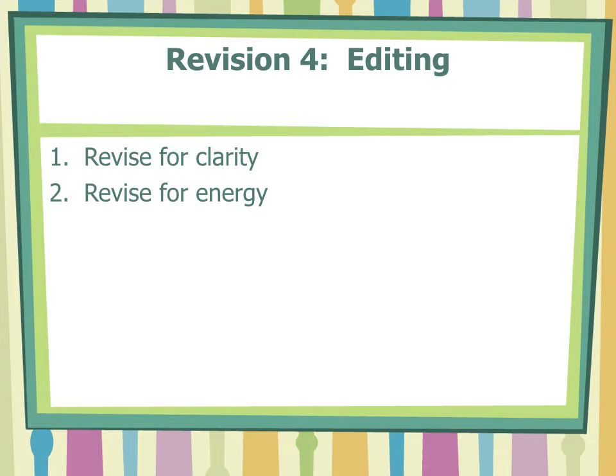One is for clarity. And if you feel that you've got a problem with your English, this is the point that you would focus on: language clarity. Am I getting my message across clearly? And then the other phase of editing is revising for energy, and that's really looking at the pacing of your draft.